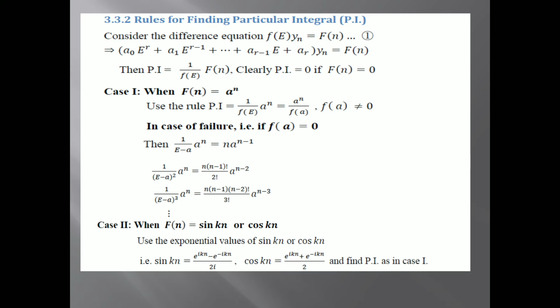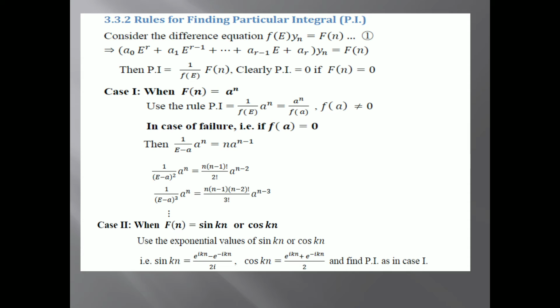Take the common term yn outside the bracket, which is equal to f(n). Now the terms written in the bracket are called the auxiliary equation when equated with 0. Then the PI is equal to 1 upon f(E) into f(n). Clearly PI is equal to 0 if f(n) becomes 0.